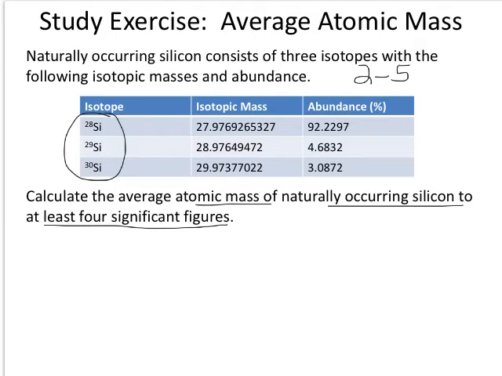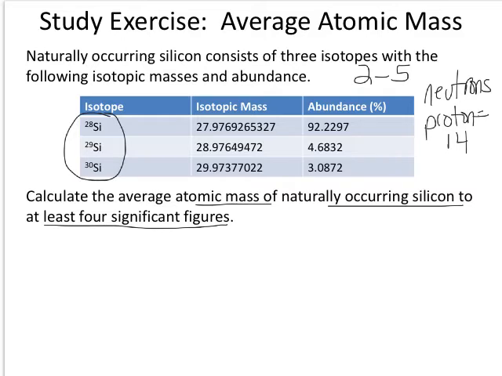So they have different mass numbers, 28, 29, and 30. Since these are isotopes, they have different numbers of what? That's right, they have different numbers of neutrons. Because it's silicon, I can look at the periodic table and tell you that the proton numbers are 14. So each one of these elements has 14 protons.